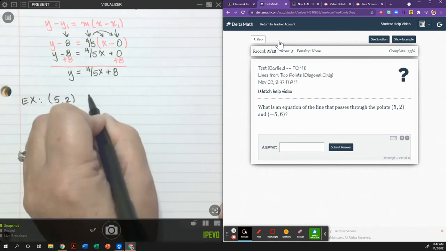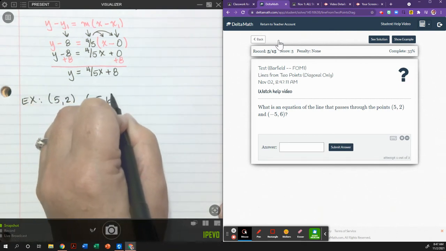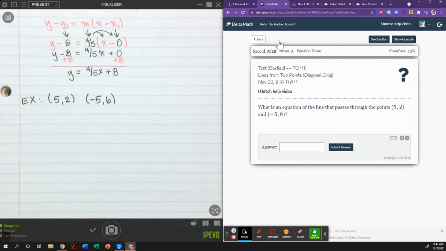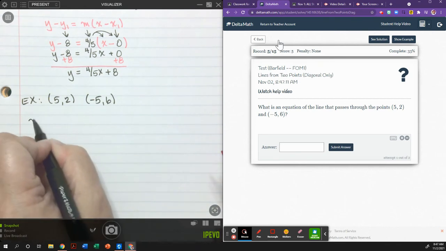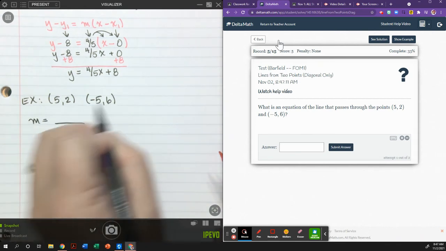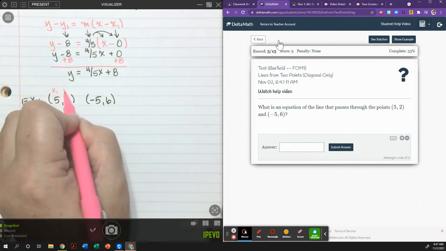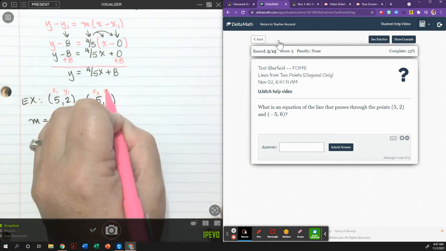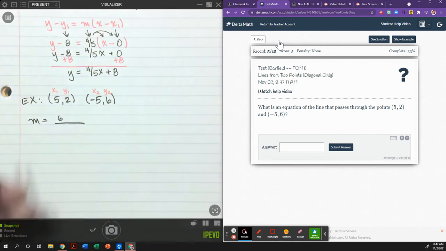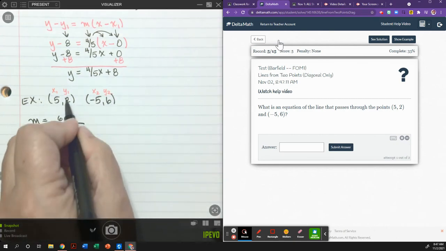My next example is 5, 2 and negative 5, 6. Same 2 steps: find my slope and then use the point slope formula. So m equals y2, which is 6. Oh, let me label those: x1, y1, x2, y2.